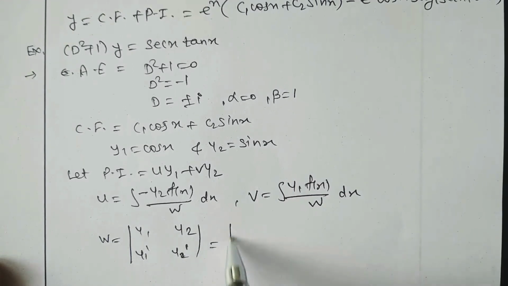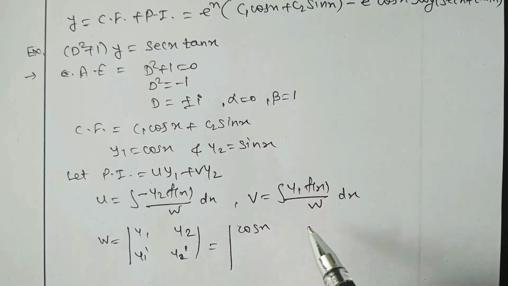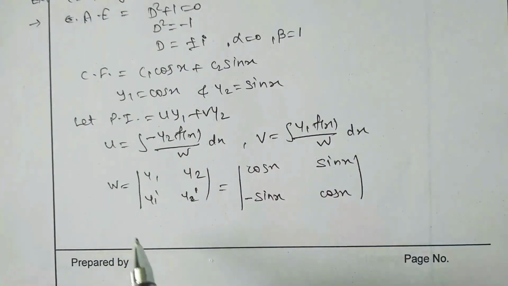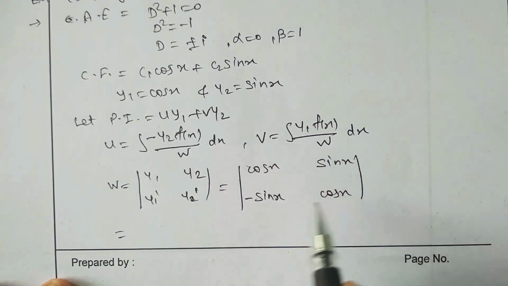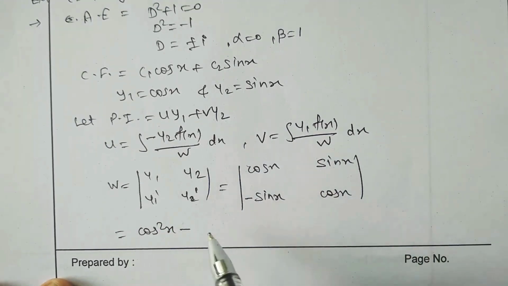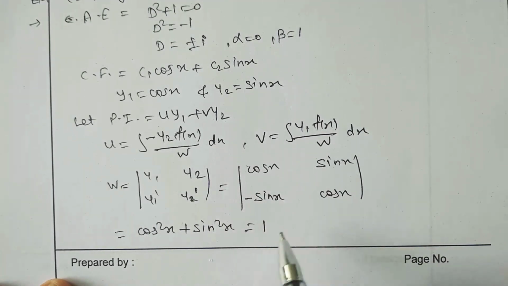So this is equal to the determinant where y1 is cos x, y2 is sin x, y1 dash, the derivative of cos x, is minus sin x, and the derivative of sin x is cos x. So this is cos x into cos x, that is cos square x, minus sin x into minus sin x, that is plus sin square x. Cos square x plus sin square x is 1. So the value of w is 1.